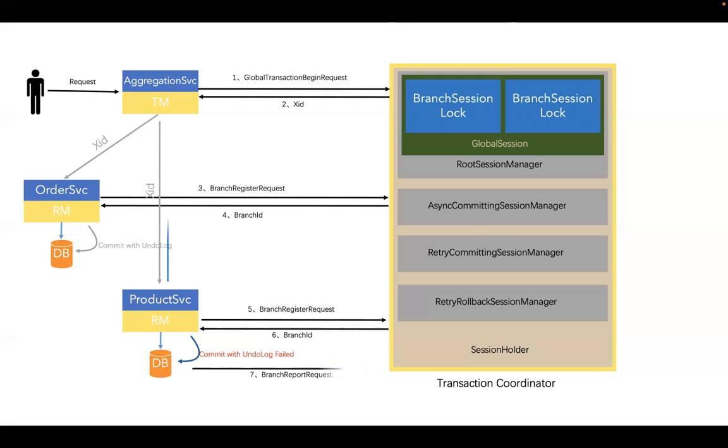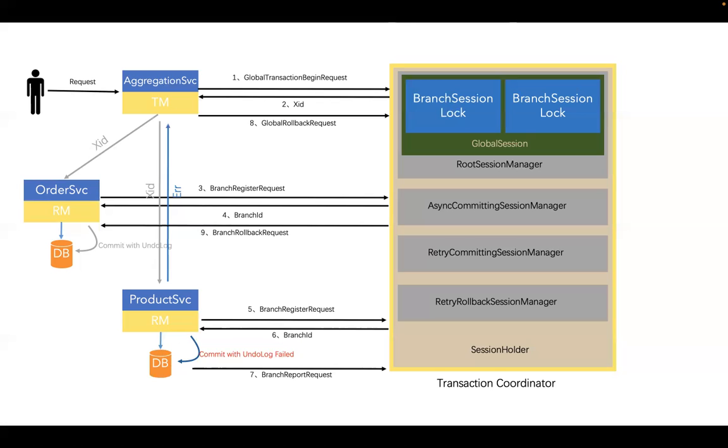Then the aggregation service will know that there is an error during the product service call, and it will send the global rollback request to the transaction coordinator.